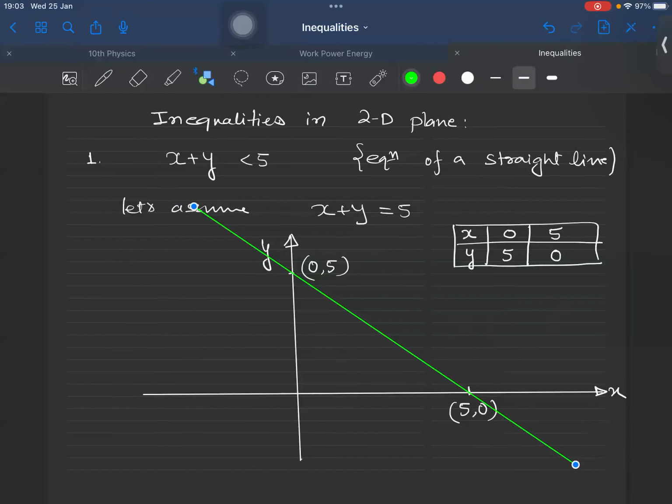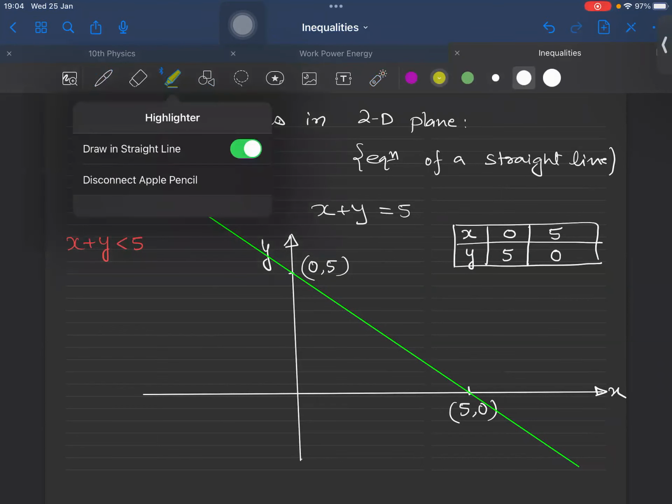Let's increase its length. Now see, what inequality do we need to solve? We need to solve x plus y should be less than 5, right? Now there is no equality sign here. So we'll draw a dotted line rather than a solid line.